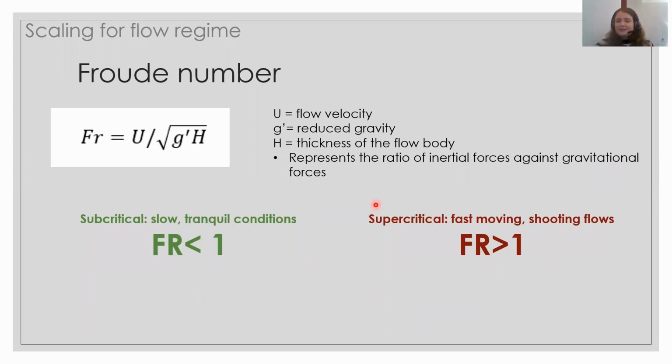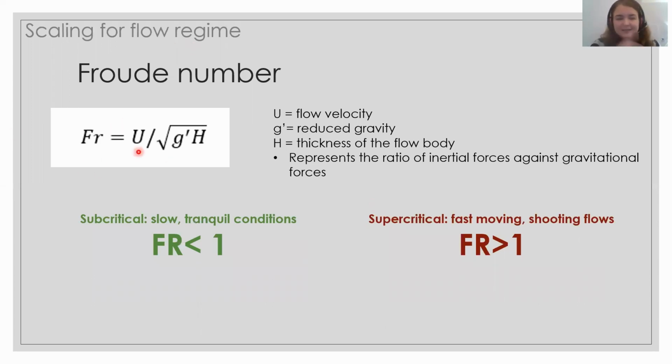If you've now said, okay, I've scaled for turbidity currents, there's still some other things you might want to consider. One of these things is the Froude number, and a lot of you have probably heard about this before. The Froude number is also an important number, for example, in open channel flows. And when I say open channel flows, I mean systems like rivers. You might also see the equation for the Froude number.